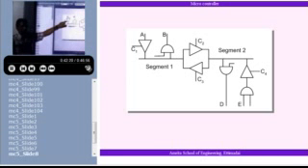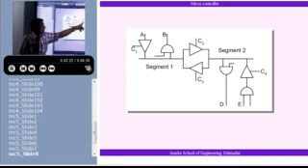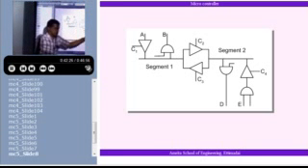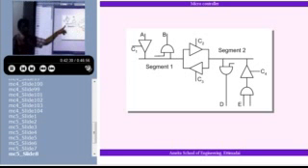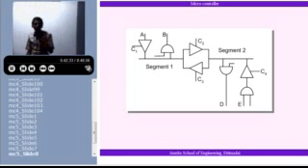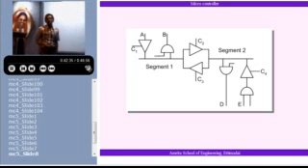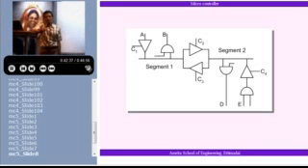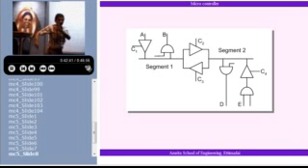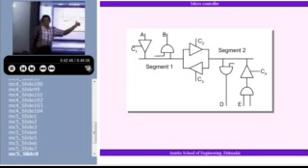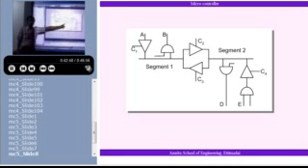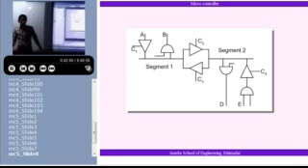If I keep this on, I have done data transfer from A to this, and I can use it here. If I turn on this, I have done data transfer from here to here. I can do bidirectional data transfer by connecting tri-state buffers in the proper form. The same data line, this data line is the same. In one case I am doing data transfer in that direction, and in the other case I am doing data transfer in the opposite direction. Is it alright?